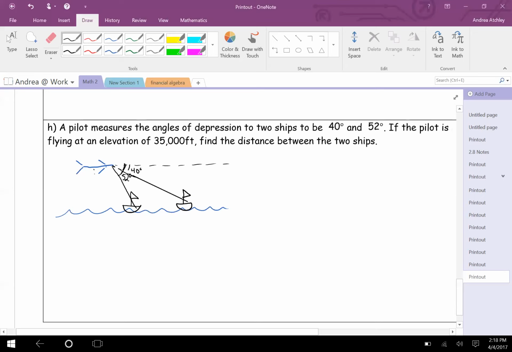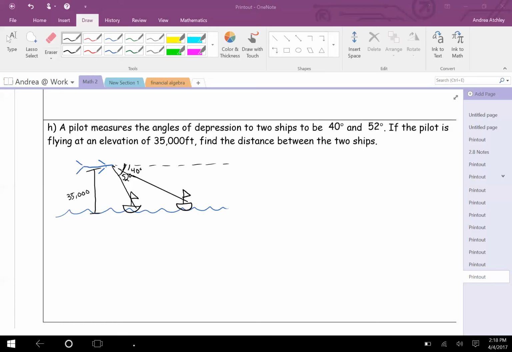Okay, the distance from the airplane to the ground is 35,000 feet. What we're looking for is the distance between the two boats. And I can't really draw a triangle here, because I want to draw a right triangle, because that's what I've been dealing with, and I don't have the angle.